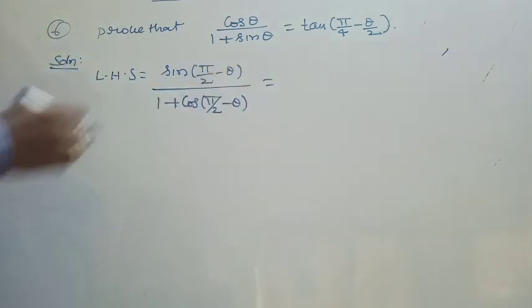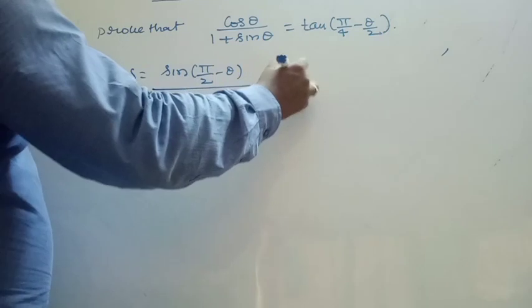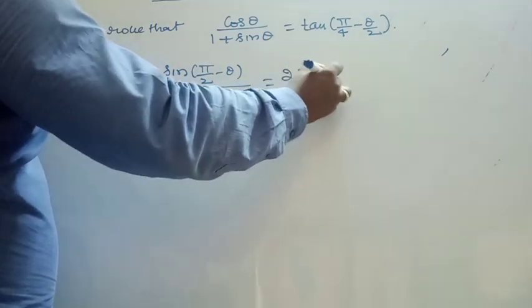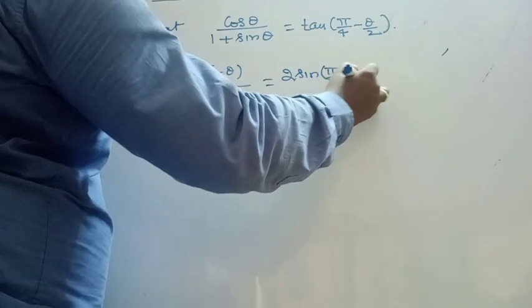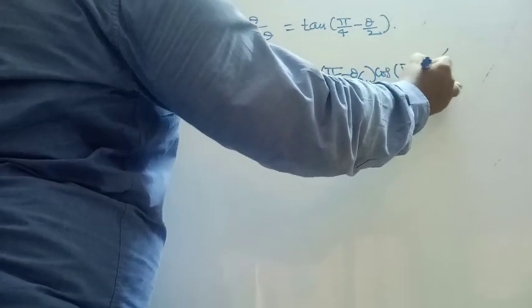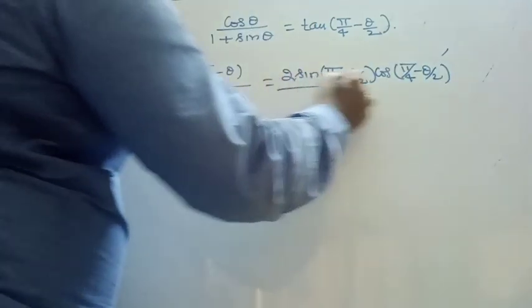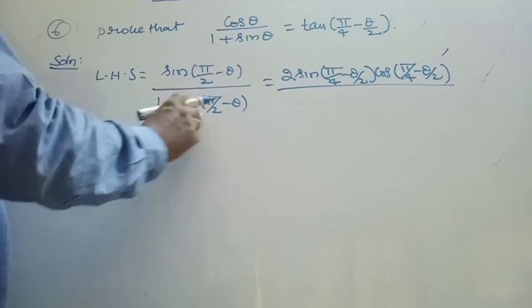Now see, this is sin A. Sin A means 2 sin A by 2 cos A by 2. Therefore, this is nothing but 2 sin of A by 2, and A by 2 is what now? Pi by 4 minus theta by 2, times cos of pi by 4 minus theta by 2. We have like this. Whole thing divided by 1 plus cos A, that is 2 cos square A by 2.